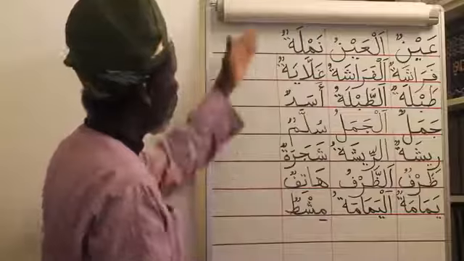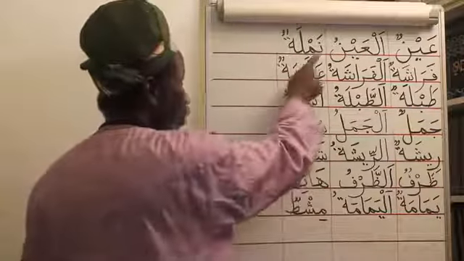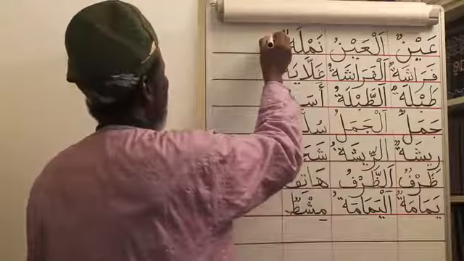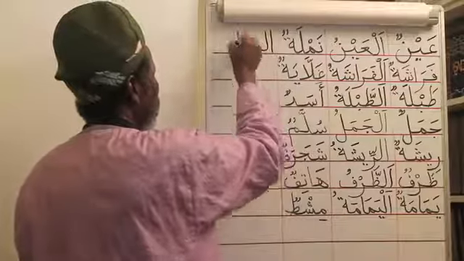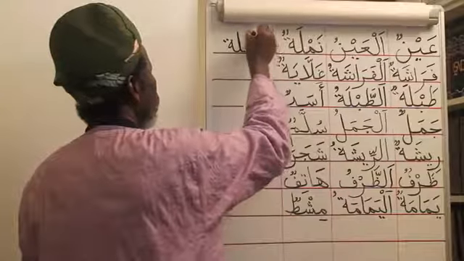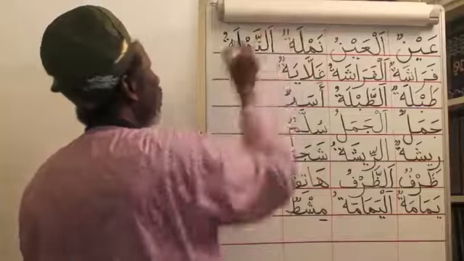Next column. Here we have Namlatun to start with. Noon is a sun letter. So we say An-Namlatu, with shadda.